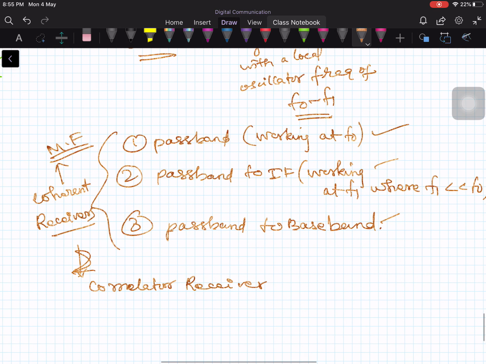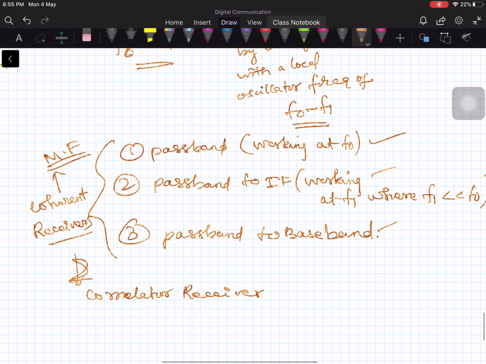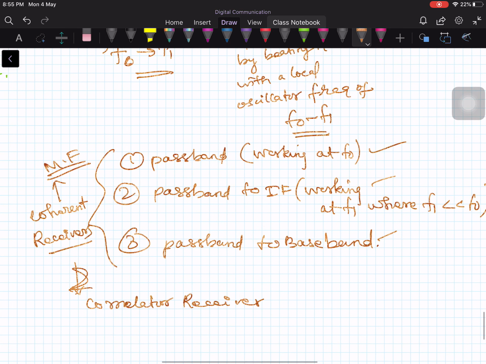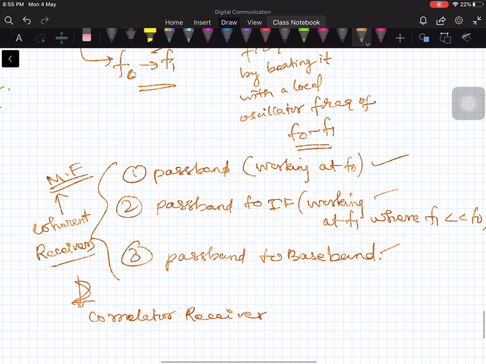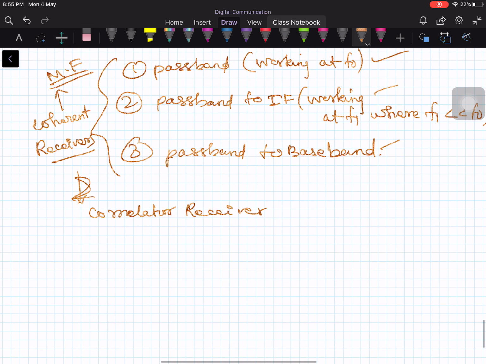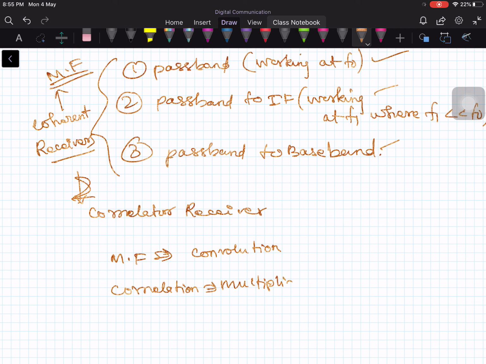But in the correlator receiver we will not use a matched filter, we use a correlator. So we multiply the two signals. Here the matched filter is not multiplying, it is a convolution operation between the input pulse and the impulse response of the matched filter. But in the correlator receiver it is simply multiplication. So the difference is, in the matched filter it is a convolution operation, in the correlator the operation is multiplication. That we will discuss in the next lecture.